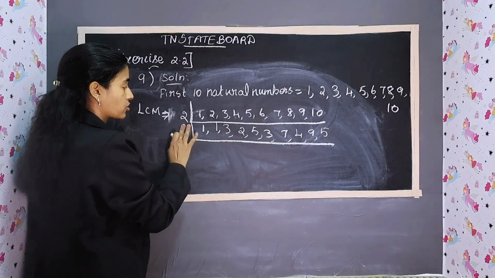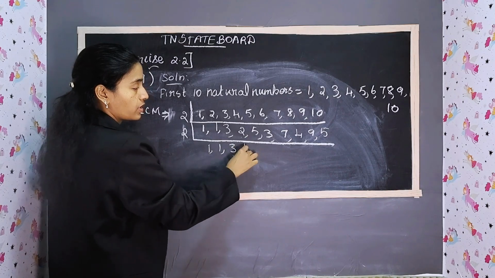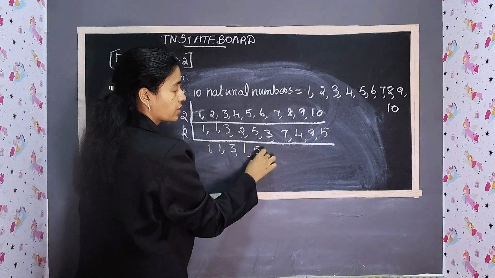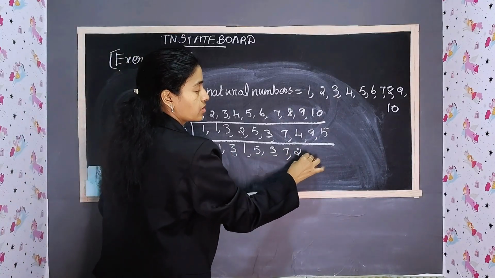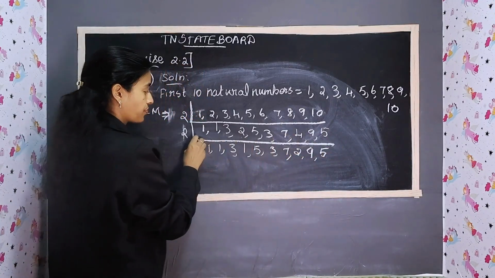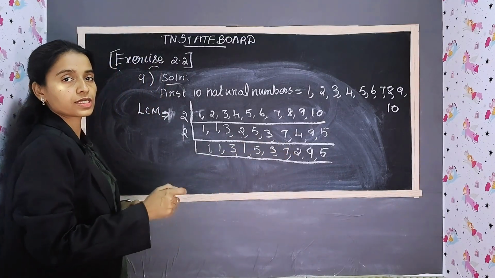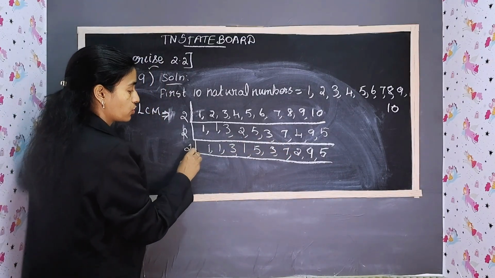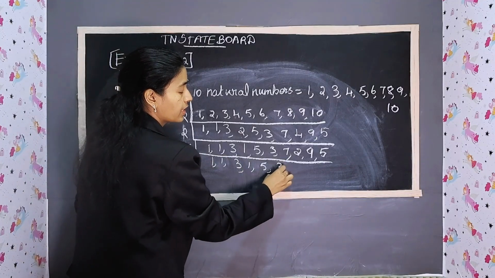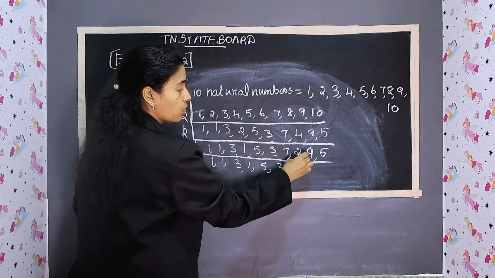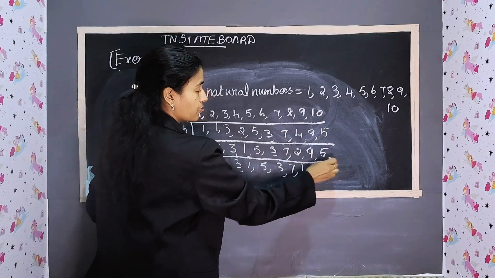So I can take 2, 1, 1, 3, 1. And then 5, 3, 7, 4 by 2, 2, right? So 9, 5. Again I'm having 2 over here, so I can take 2 again. 2, 1, 1, 3, 1, 5, 3, 7, 2 by 2, 1, right? 1, 9, 5.